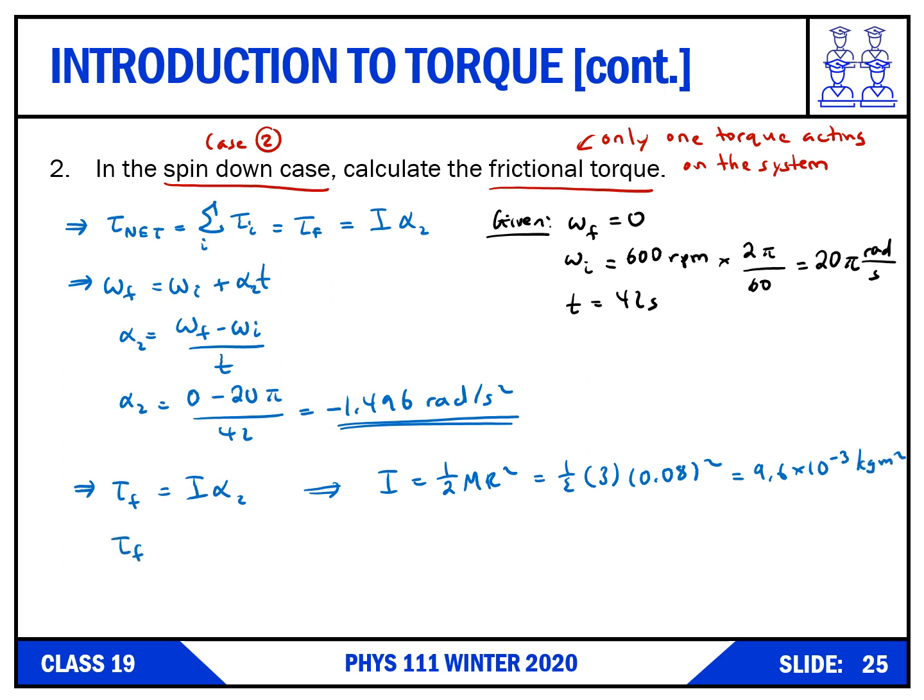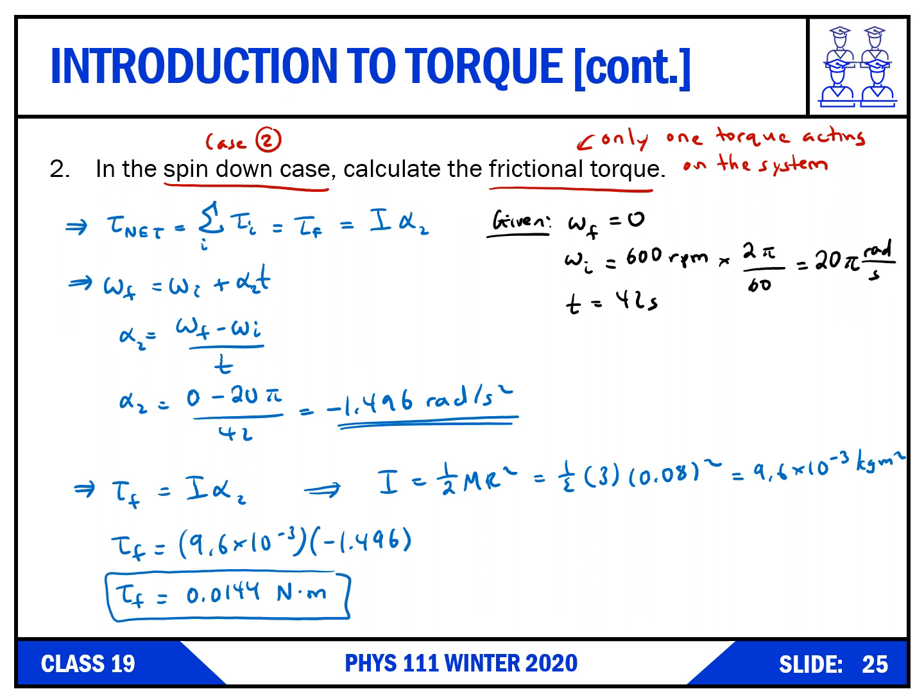So now I'm free to calculate my frictional torque. So 9.6 times 10 to the negative 3 times negative 1.496, and that means my frictional torque is equal to 0.0144 Newton meters. Okay, so one down, one more to go.